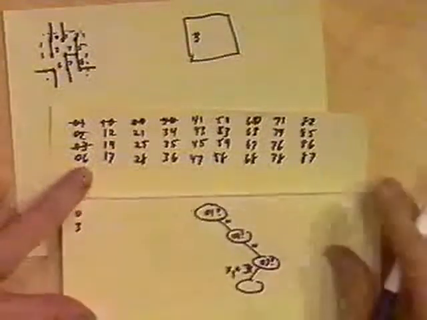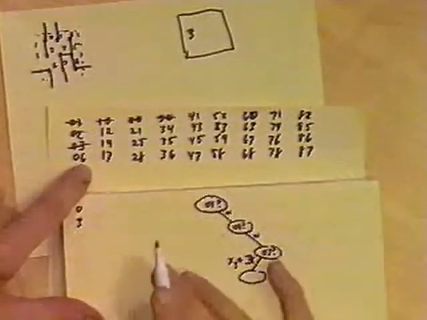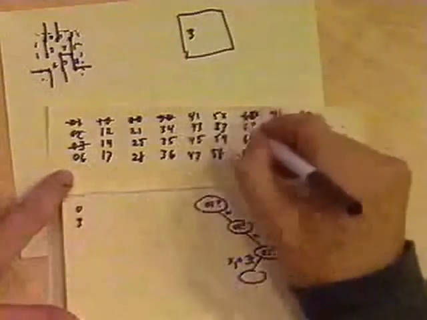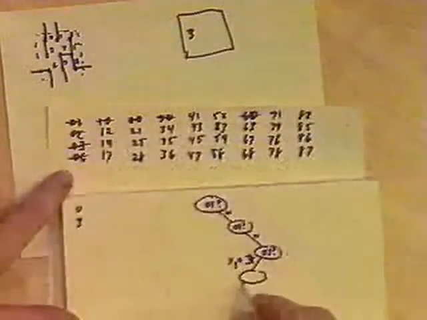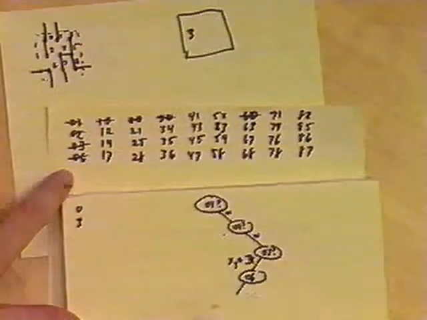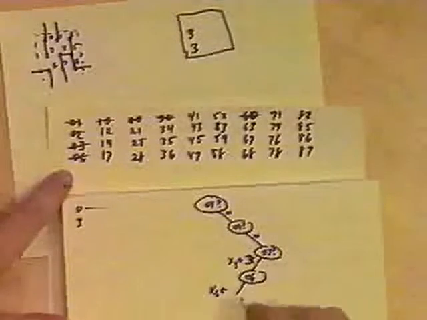Every time I cross off one, I have to cross off its partner. Right, so 0, 6. Is 0, 6 part of my tree? The answer is yes. So 0, 6 is part of the tree, so that means I'm going to set x6. Forget it, there's going to be a question mark here, but I don't have time to write the question mark. So x6 gets set to the number of things left, so x6 also gets set to 3 here.